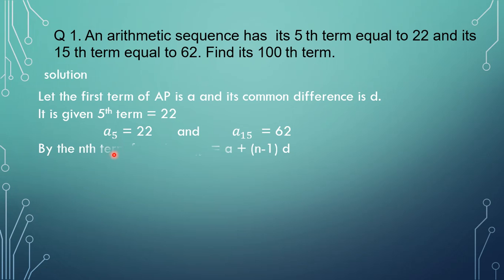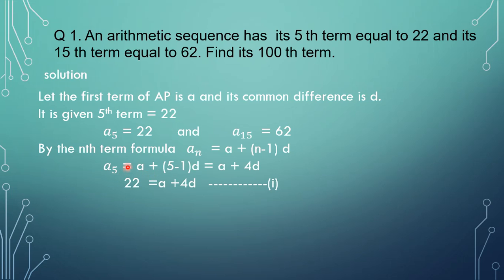So by using the formula, nth term of an AP is An is equal to A plus n minus 1 into D. We can put the value of n is 5, and next time we will put the value of n is 15. So let's put A5 is equal to A plus 5 minus 1 into D. So 5 minus 1 is 4.